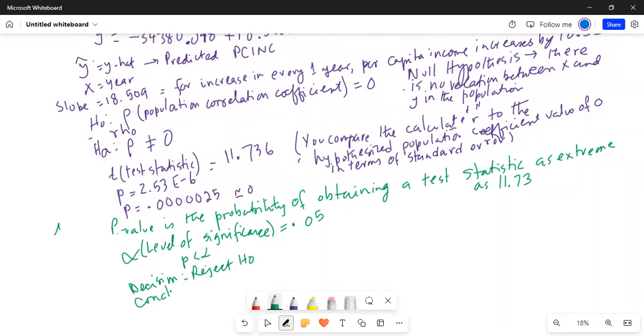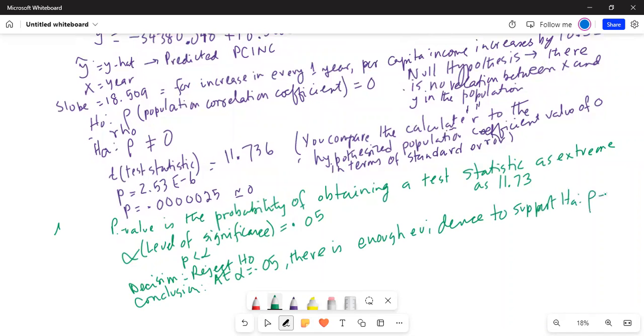Conclusion: at alpha equal to 0.05, there is enough evidence to support HA, which states rho not equal to 0. That means in the population, there is some correlation between X and Y.